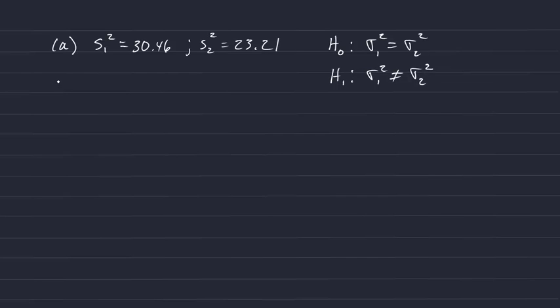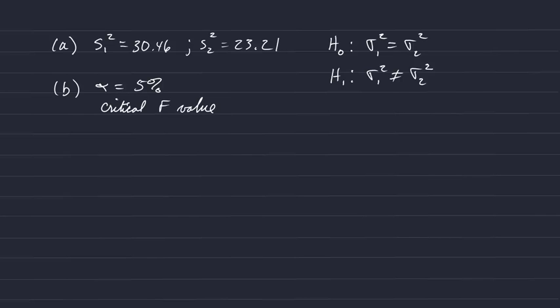Okay, so step B, as always, is first to define our level of significance, and that's 5%. And then now we need to define the critical values of F. Well, it's really the critical value. There's only one value of F that's critical here.